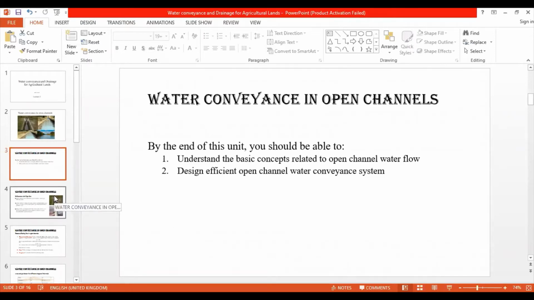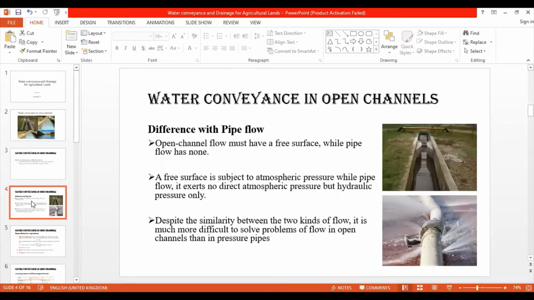So previously we've been talking about water flow in pipes, and today we are switching to open channels. You notice that there are a lot of similarities between these two, but one difference is that water in open channels is exposed to the atmosphere.